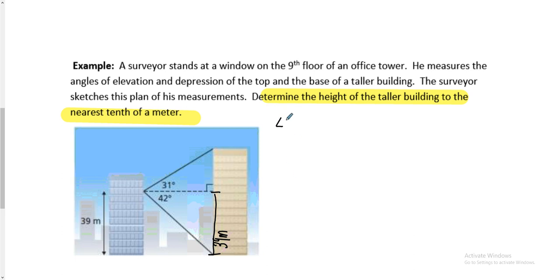So if we look at angle 42, we have an opposite. Does it make sense to find this hypotenuse? Not really. It's not really going to tell us anything. More often than not, when you're dealing with triangles within triangles, you're trying to find the one that the sides share. So in this case, we're looking for its adjacent. Again, this is going to be tangent.